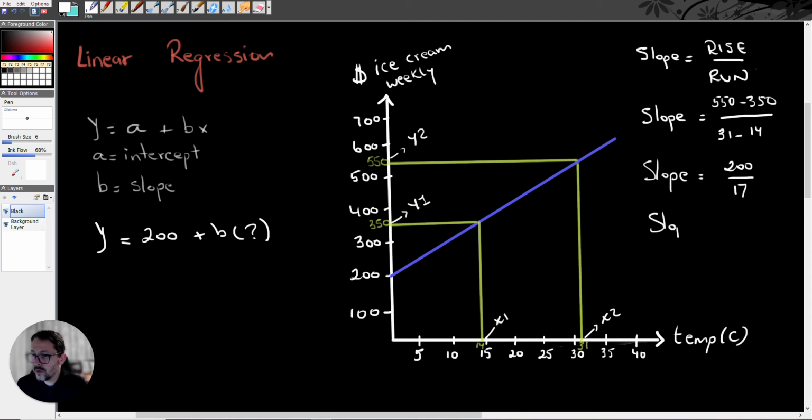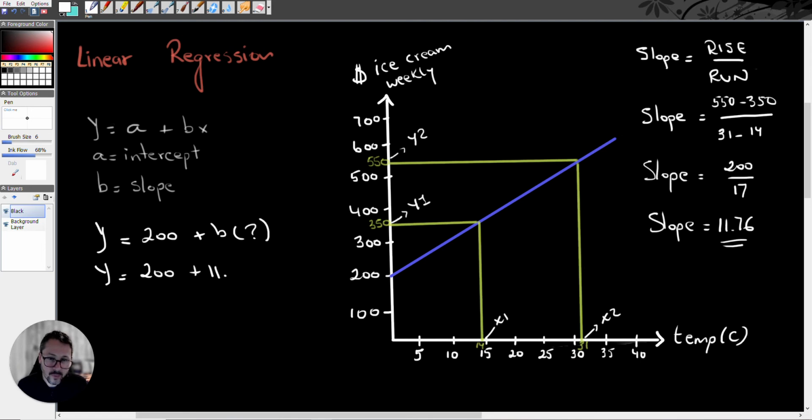So my slope coefficient in this case will be, what is that? Let me use my calculator here. 200 divided by 17, 11.76. So now I have my b.